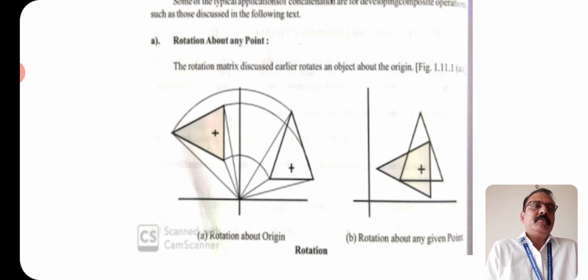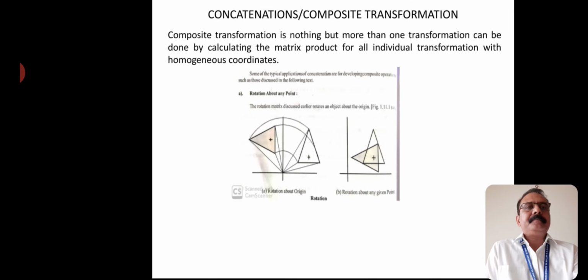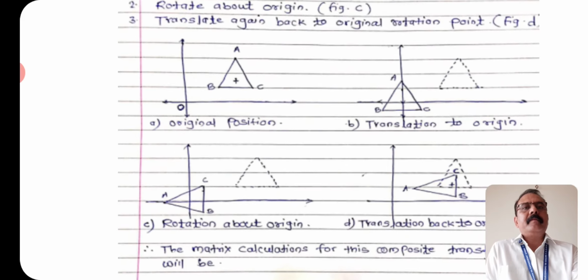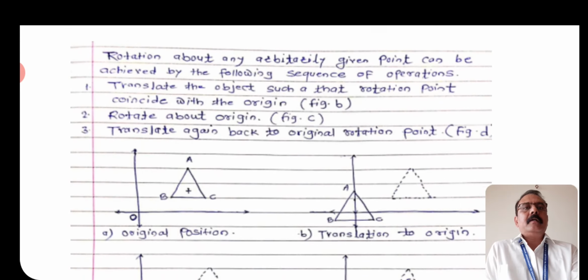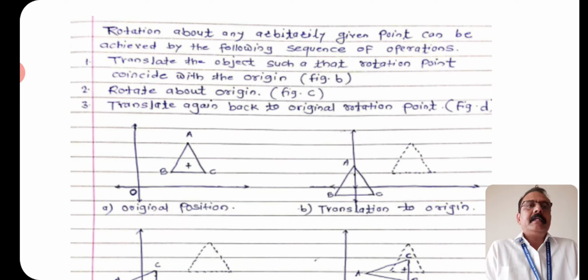Other than the origin, we can't rotate an object about an arbitrary point directly. For that purpose, you have to follow a certain sequence of geometric transformation operations. This indicates the rotation about any arbitrarily given point.